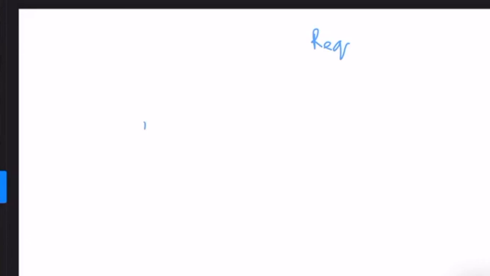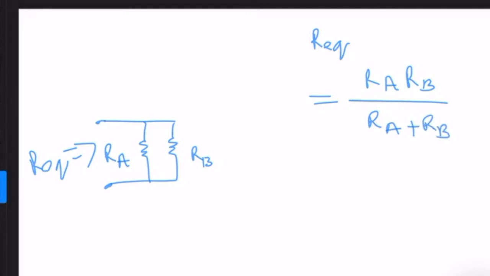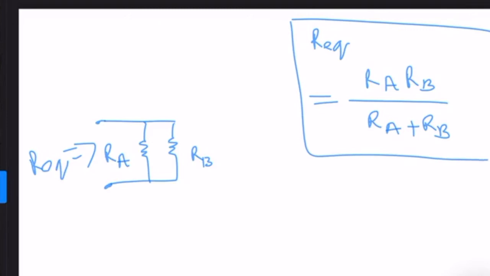Let's consider we have two elements, RA and RB, and we have to calculate R equivalent for this simple circuit. So what is the formula? RA multiplied by RB divided by RA plus RB. This is very important. Try to remember this formula. We are going to use it.